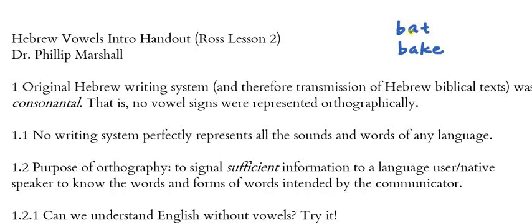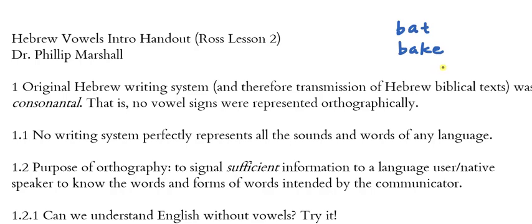Bat represents a short A sound. Bake, that word represents a long A sound. Same symbol, but different sounds, because no symbol and no writing system perfectly represents all the sounds of a language. The use of the A here, though, is sufficient for a reader to know, given the other information, which vowel sound to make, because they already know this word.